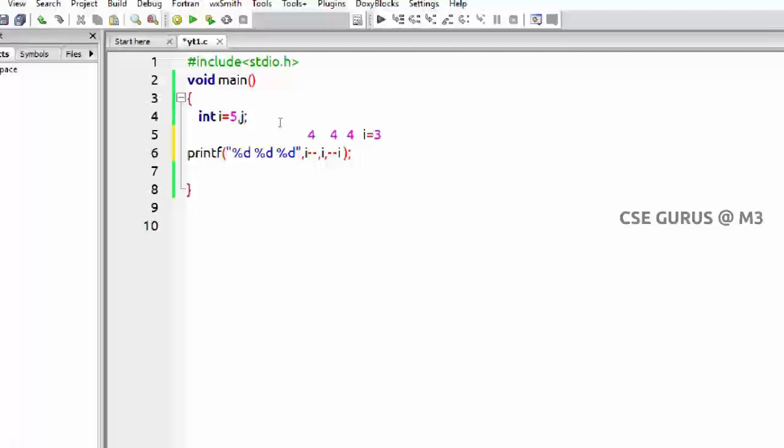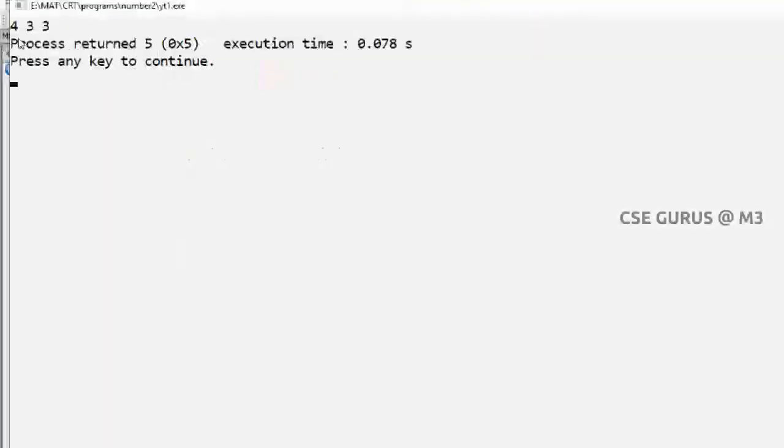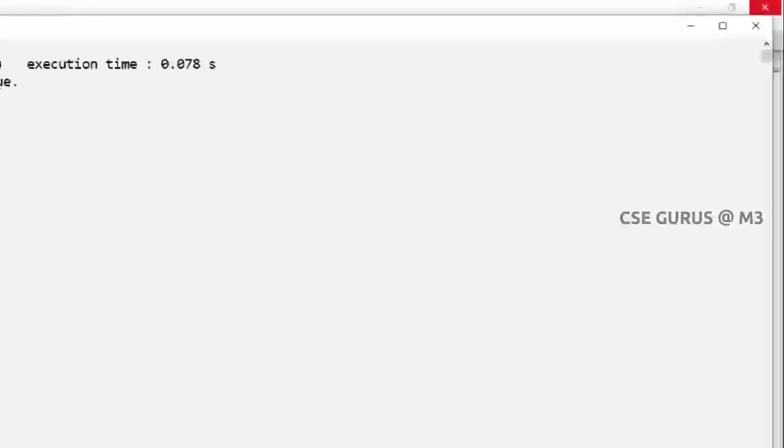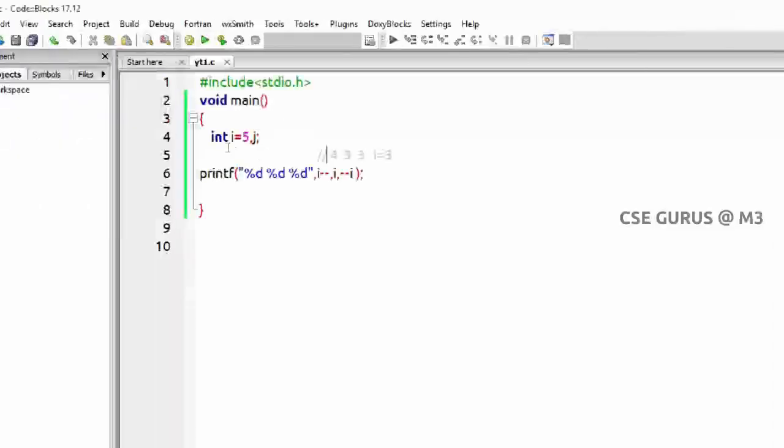So wherever you have minus minus I, it will be replaced with 3. So the last one is 3, and here I is there, that's why 3. So I minus minus will be as it is. So the output is 433. You can see 433. So this is what happens with the operators.